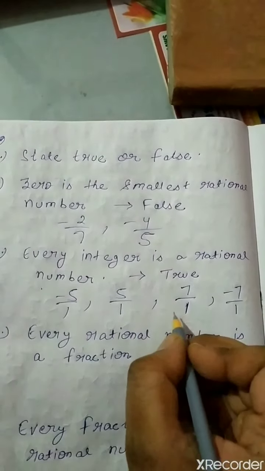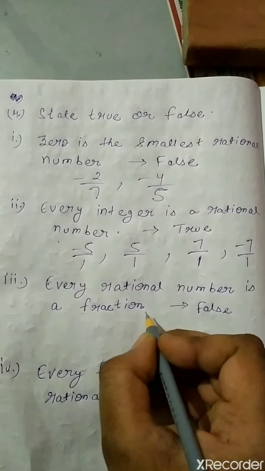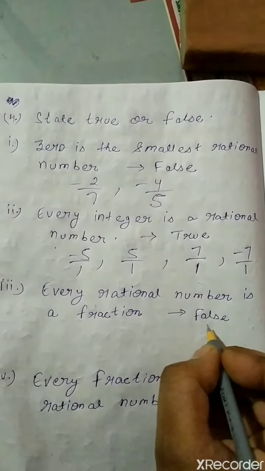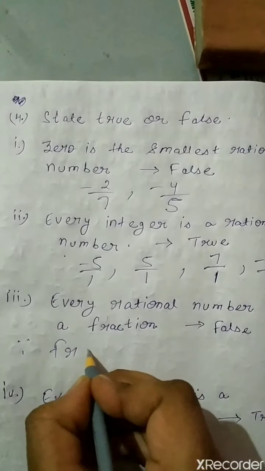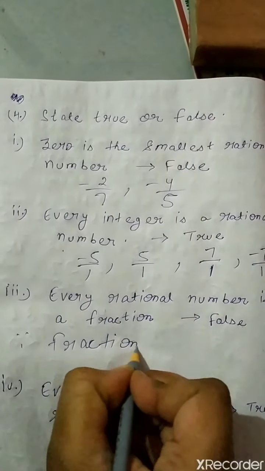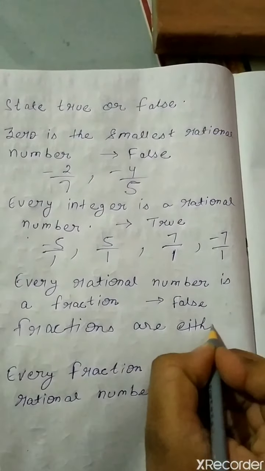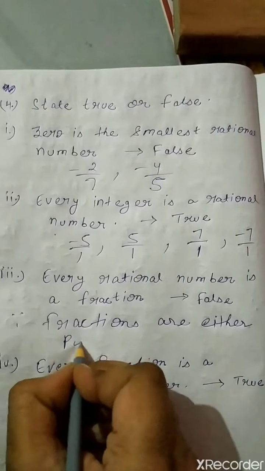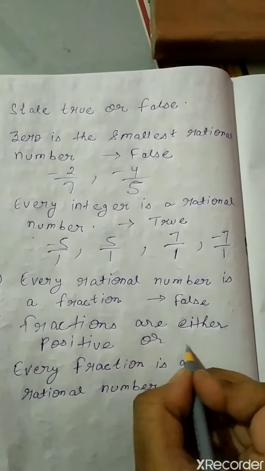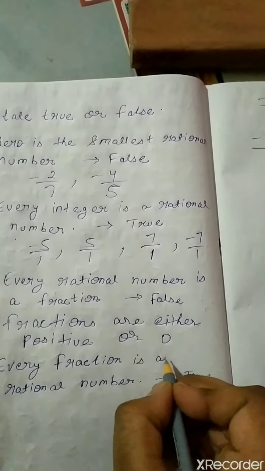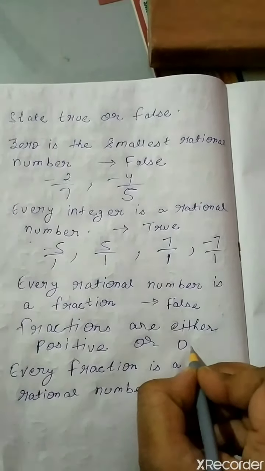Okay. Now the next, third statement: every rational number is a fraction. That is false, because fractions are either positive or 0, because they are made up of whole numbers.